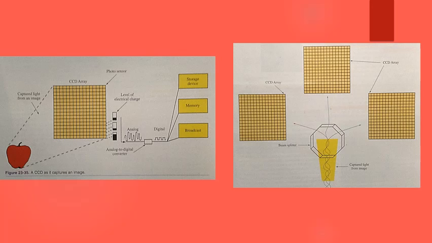For full color images at high resolutions, 3 sets of CCD sensors are used. A beam splitter inside the camera separates the incoming light into 3 colors, blue, red, and green. Figure 23-36. Each color is sent to a corresponding CCD.